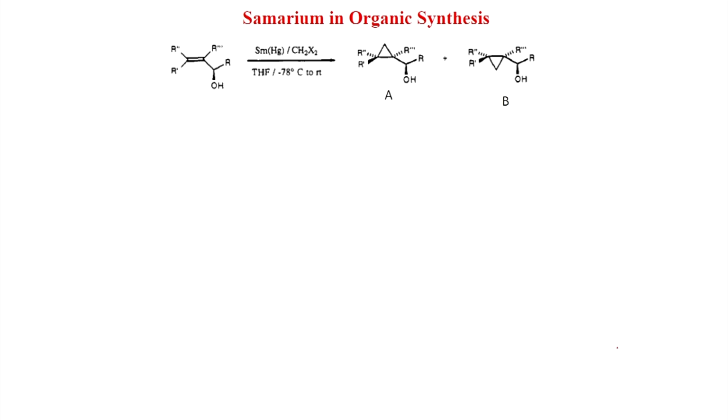So, here you can see R dash, R double dash, R triple dash, and another R is present, and this is the chiral center.